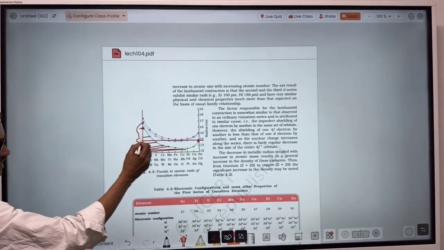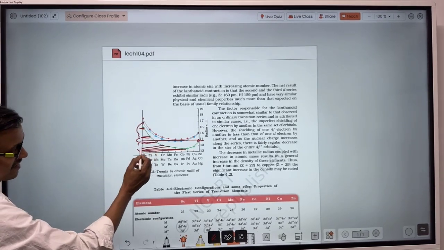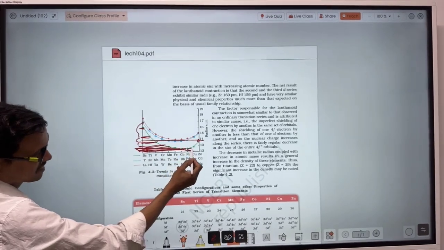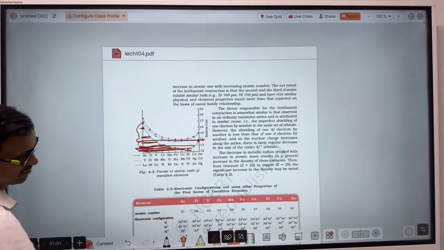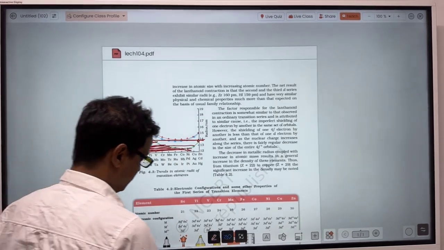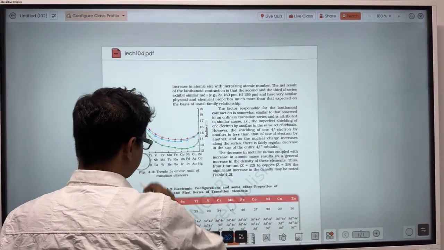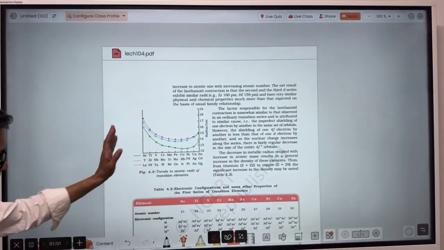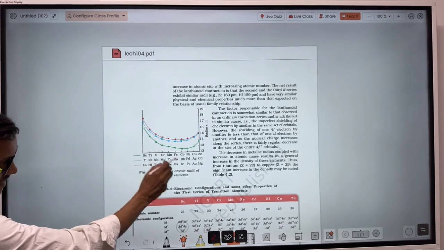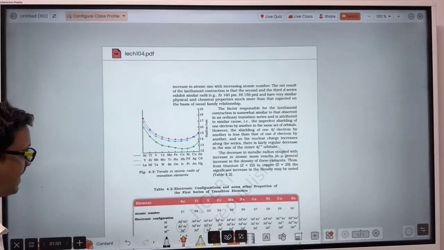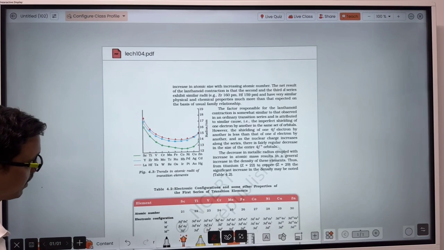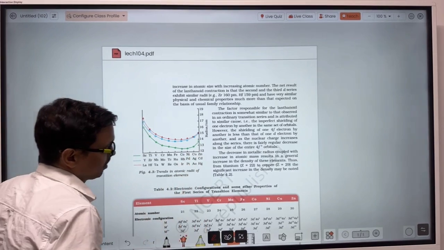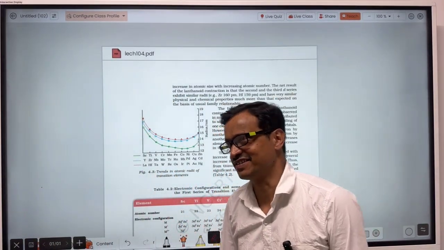The difference in atomic size is more, then less, again less, approximately the same, then slightly more and more. So we can say that on moving across the period, the atomic radii decrease, but the extent of decrease in atomic radii also decreases, and the atomic radii of the last elements increase.